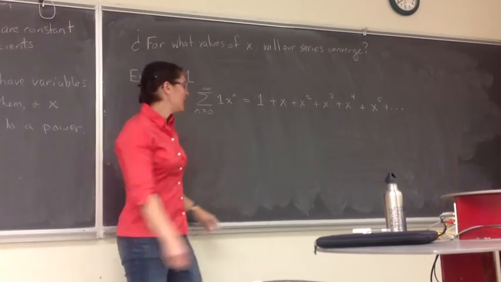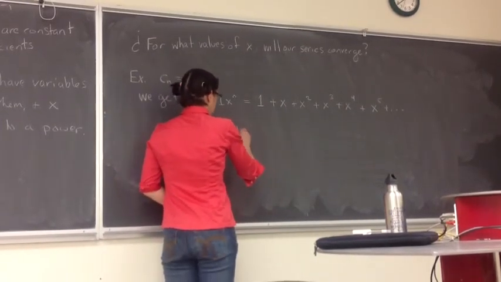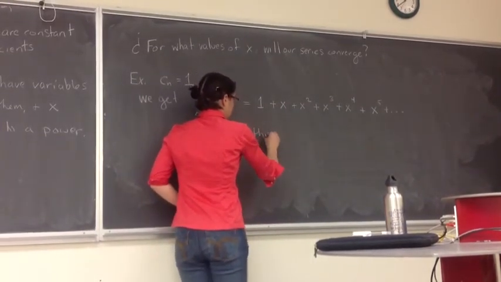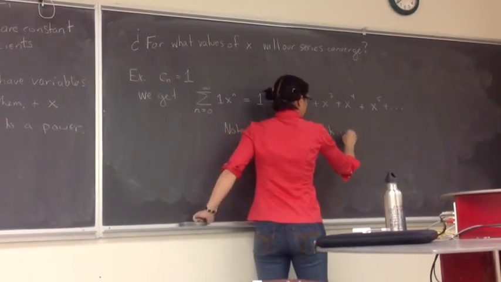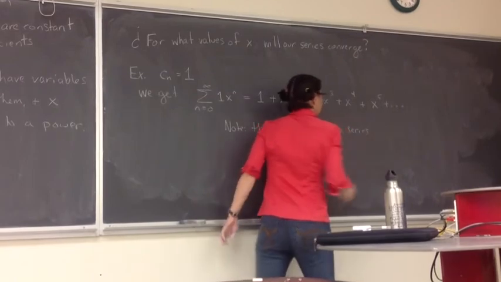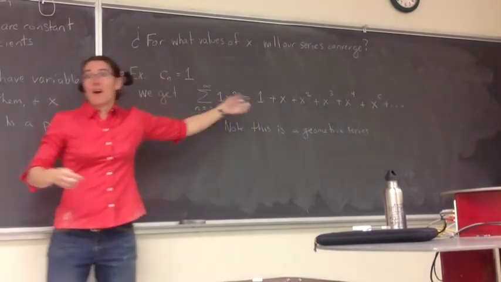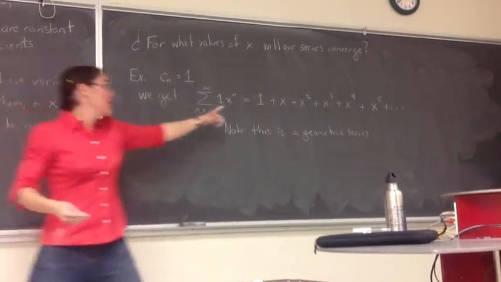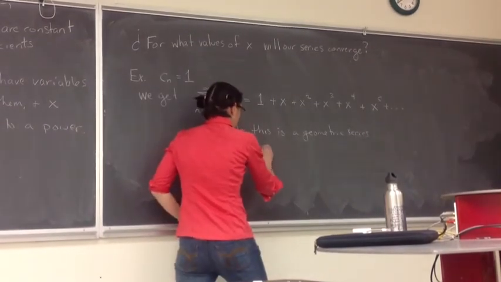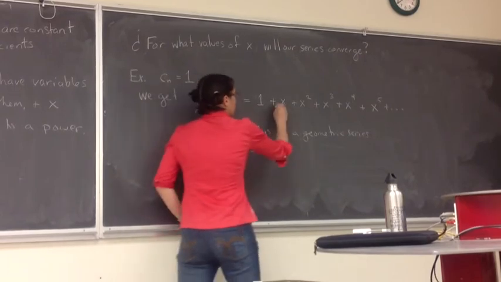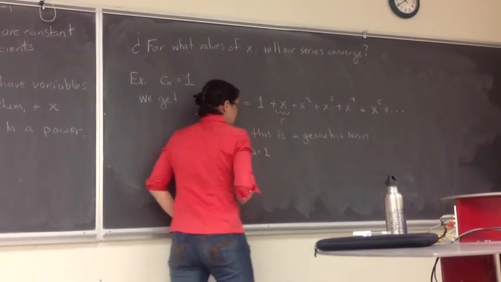It looks an awful lot like a geometric series. So we might note that this is a geometric series. Now when I go to try and factor something out, I already have a 1 in my first term, so I cannot factor anything out. That tells me that my a value is 1, and my r value is x.